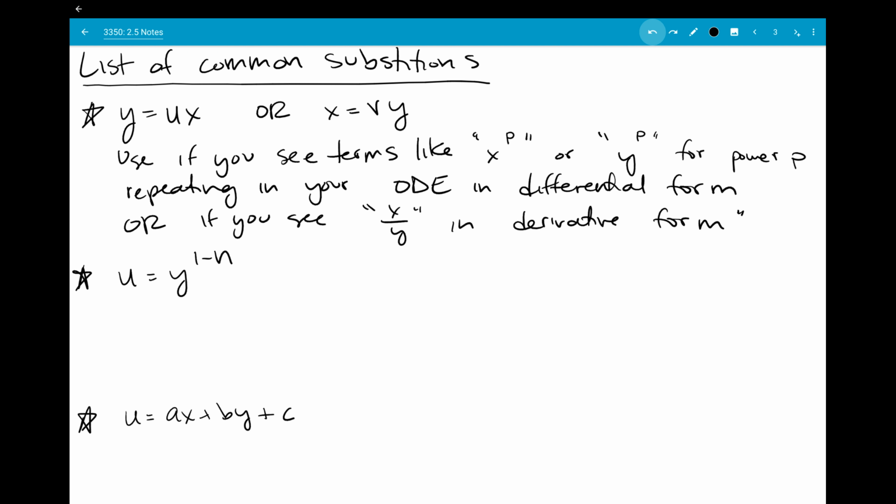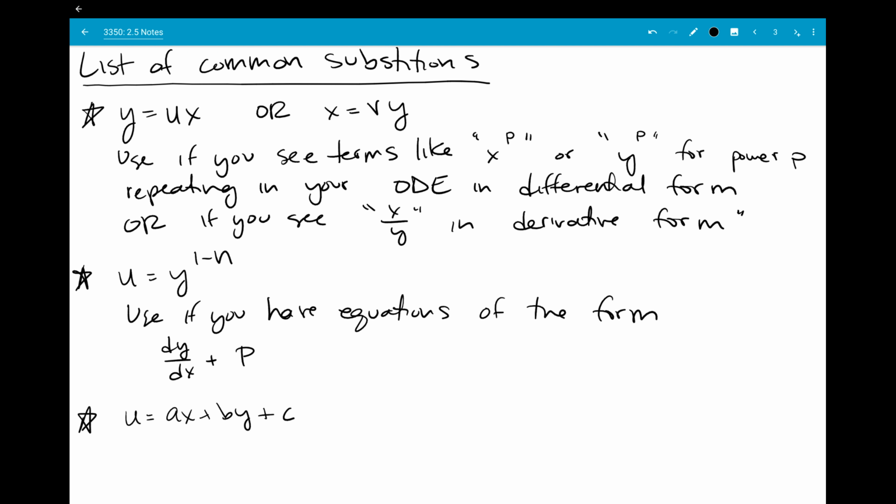The second substitution, u equals y to the 1 minus n, you're going to use specifically for something called a Bernoulli equation. That's something of the form dy dx plus some p of x times y is equal to f of x times y to the n.